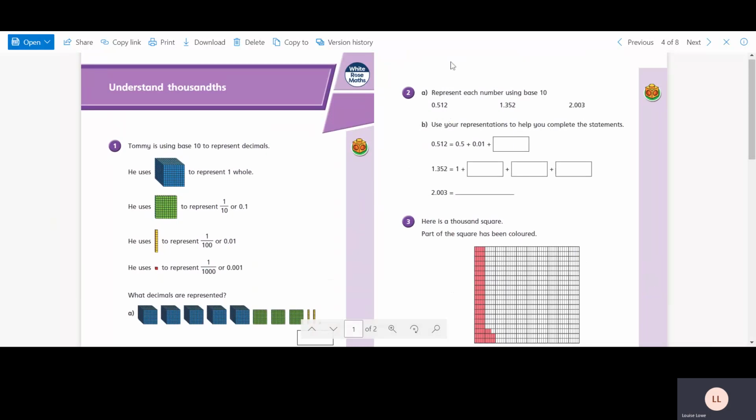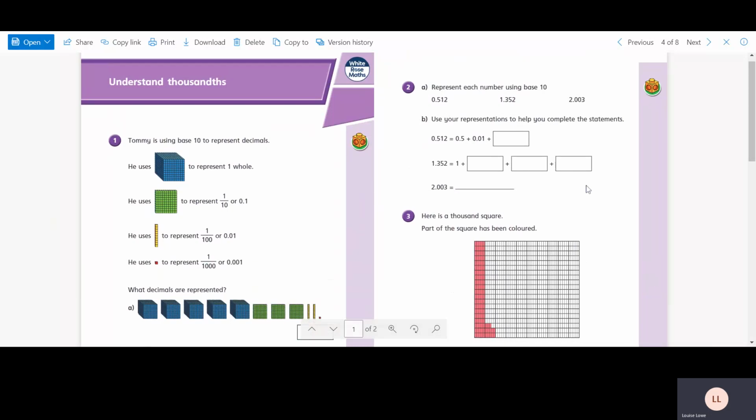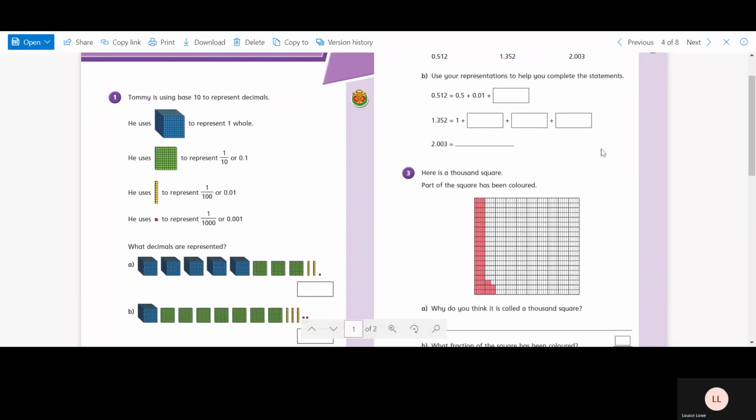You can just represent the whole number by colouring a square blue. So please don't spend forever drawing those base 10s. B, use your representations to help you complete the statement. So you've got to write down what's missing.